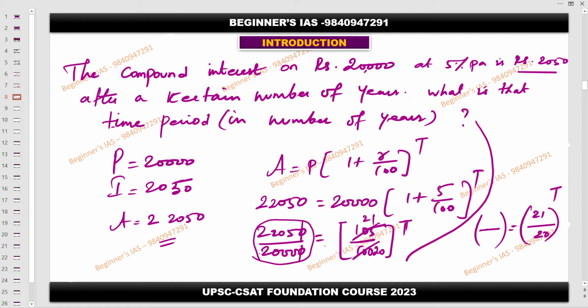So therefore, what would be the answer here? Surely it is going to be the 20. 441 by 400. Yes, correct. Then what you have to do is just divide this with this one.